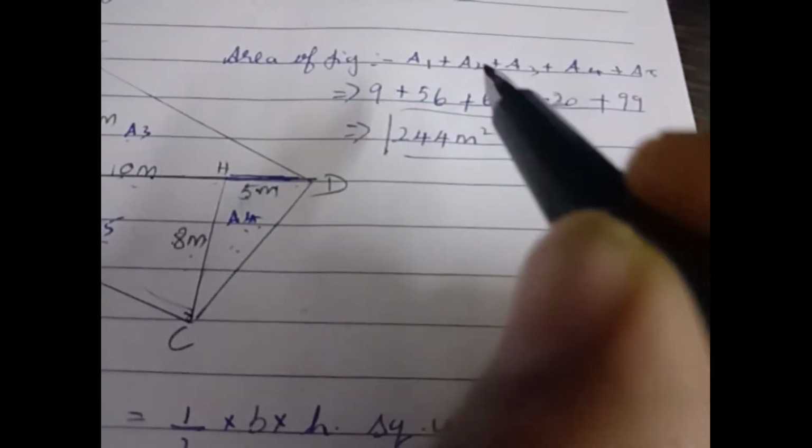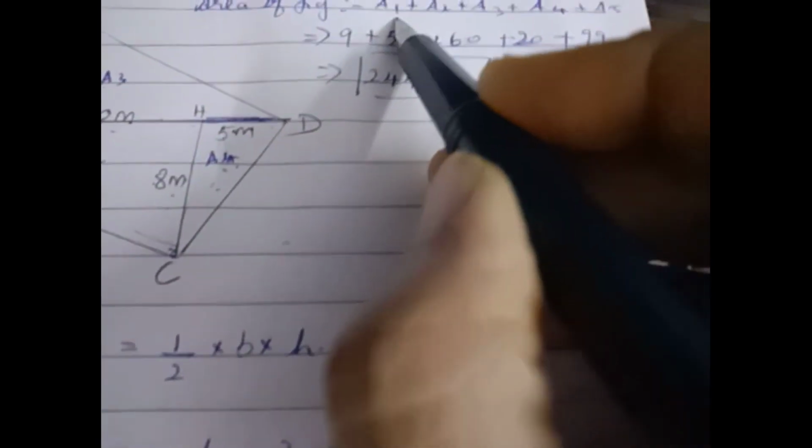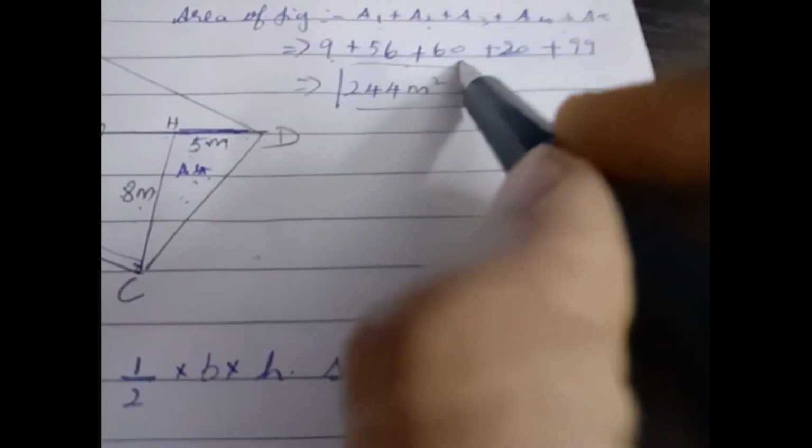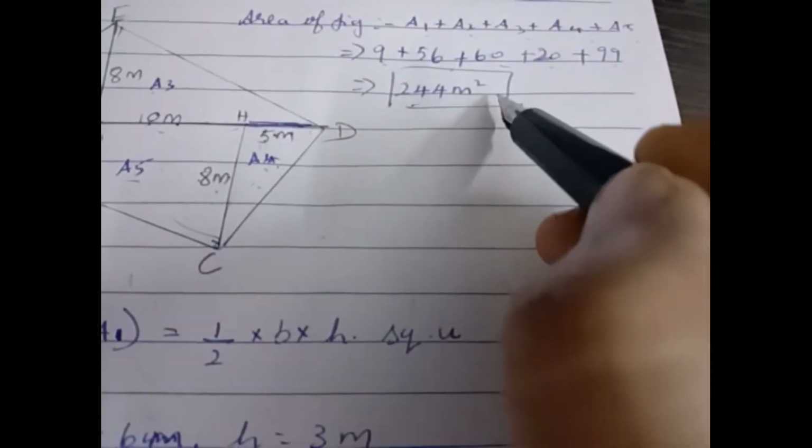Therefore, area of the figure is equal to A1 plus A2, A3, A4, A5, which is 9 plus 56 plus 60 plus 20 plus 99, which is equal to 244 meters square.